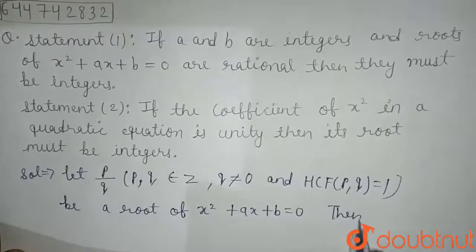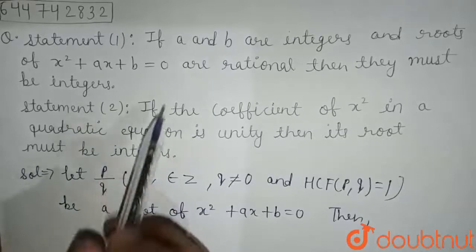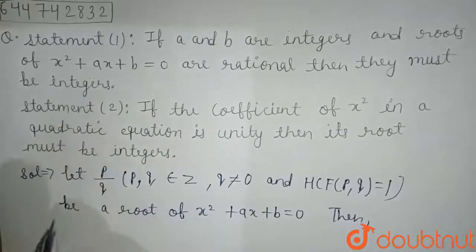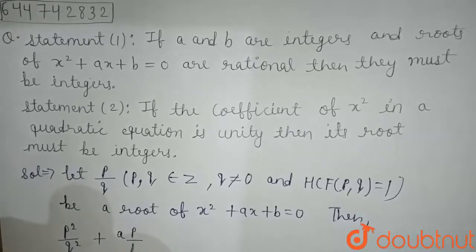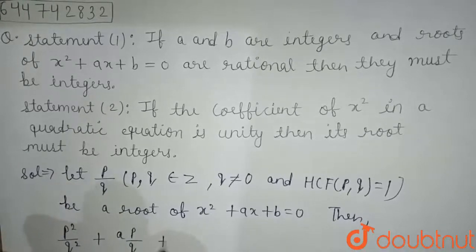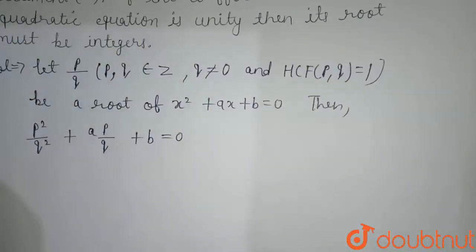If this is a root, we put this value in the equation. So we will get p square upon q square plus a p upon q plus b equals 0. Now we will multiply both sides by q square.